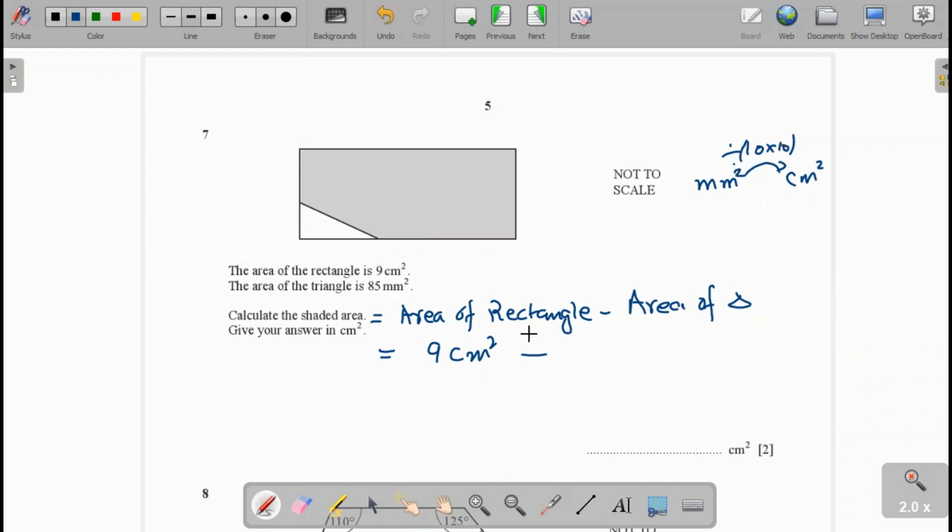We divide the 85 millimeter square value by 100 to convert into centimeter square. Now calculate 9 minus 0.85 and that value will be equal to 8.15 centimeter square, which is the answer.